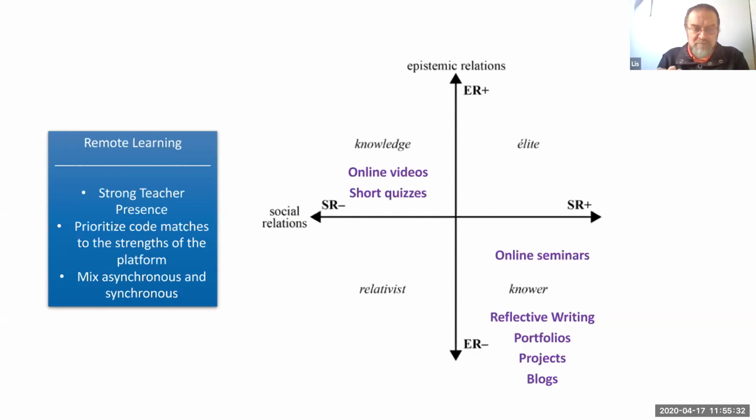We need to think that most of our students are not going to be able to get online at the same time for whatever reason. But if we make a recording, for example, and that's available, then I think we can make big leaps forward in terms of producing manageable and meaningful epistemological access for our students.